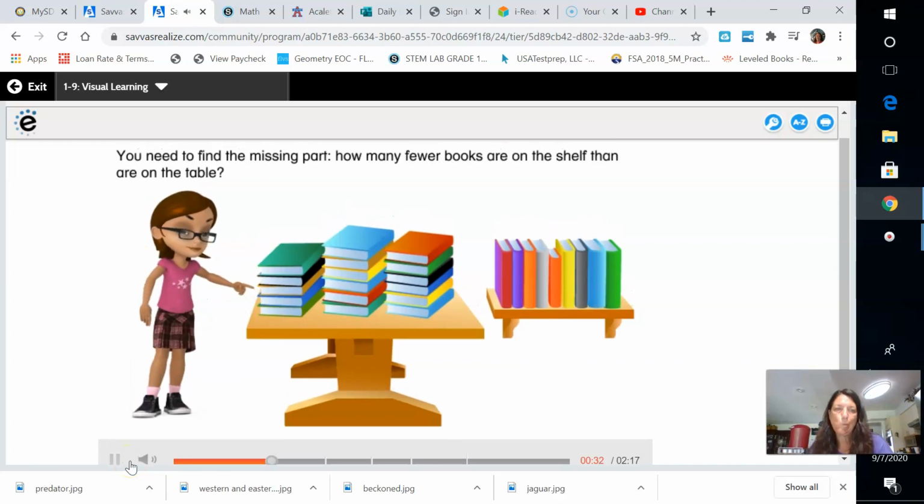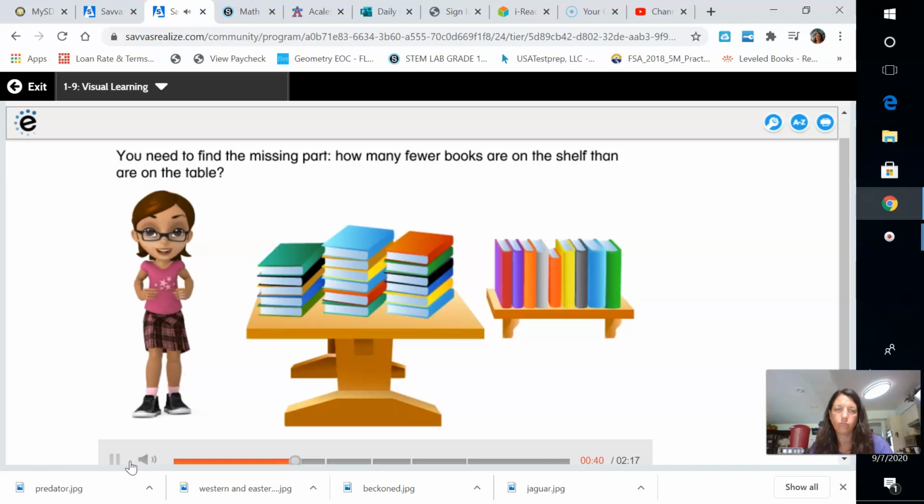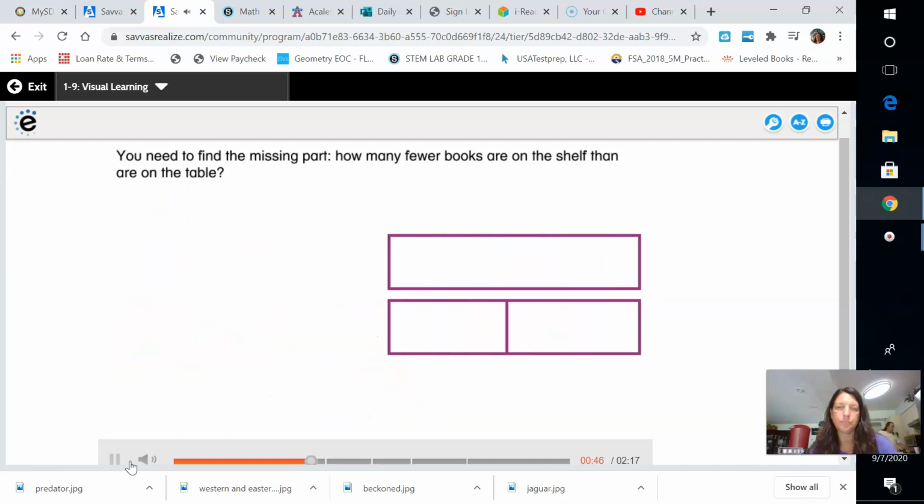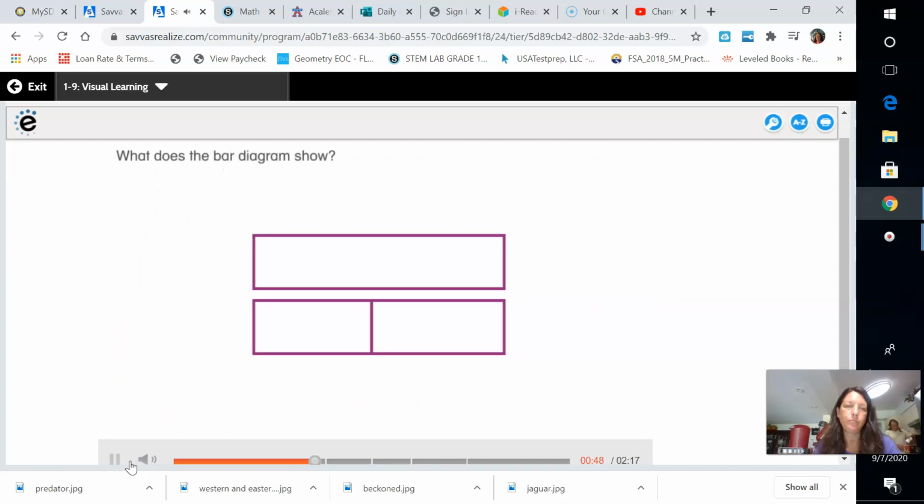You need to find the missing part. How many fewer books are on the shelf than are on the table? You can use a bar diagram and an equation to model the problem. What does the bar diagram show?